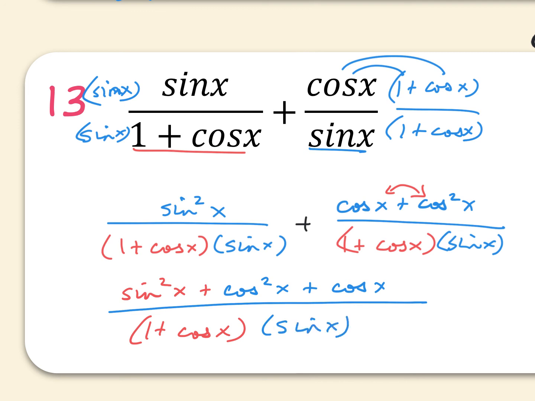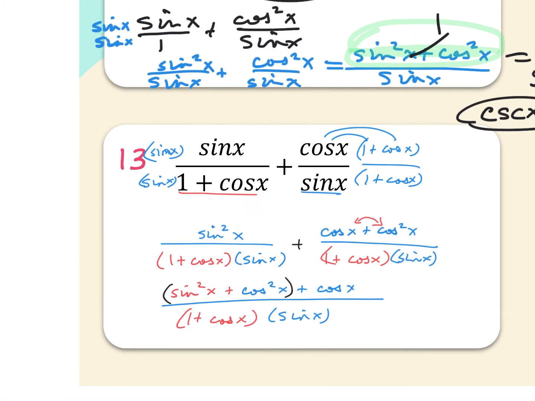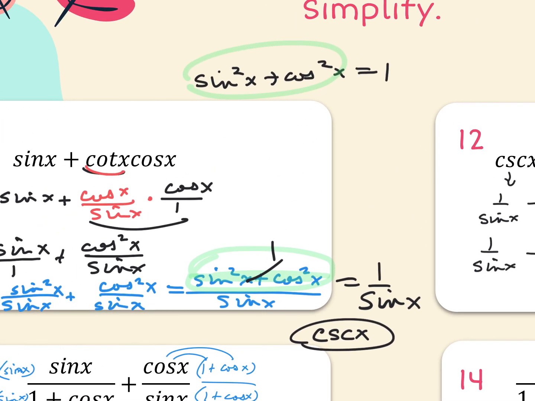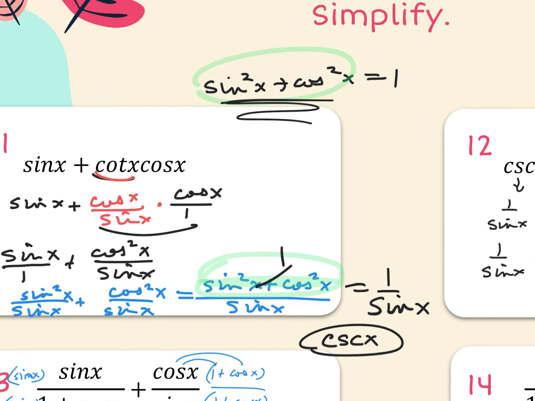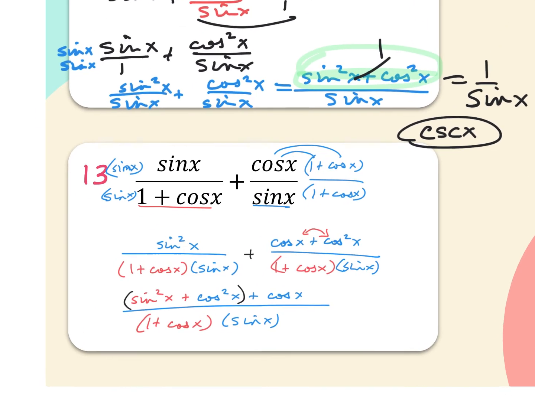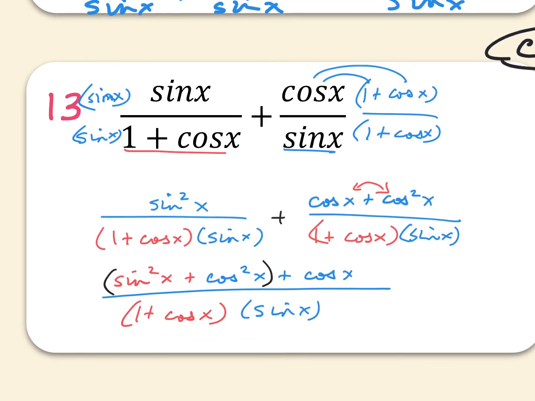The reason why I used that commutative property is because I wanted to get these two terms side by side, because again, I'm going to use this Pythagorean identity and replace sine squared x plus cosine squared x with a 1. So I can change this to a 1.